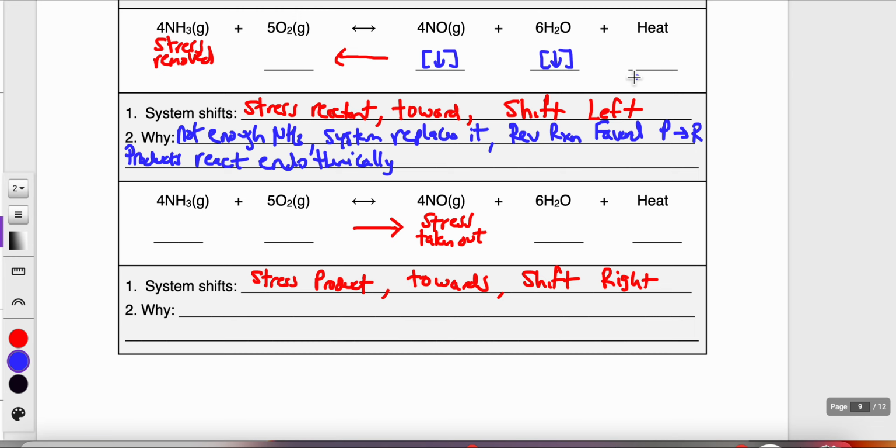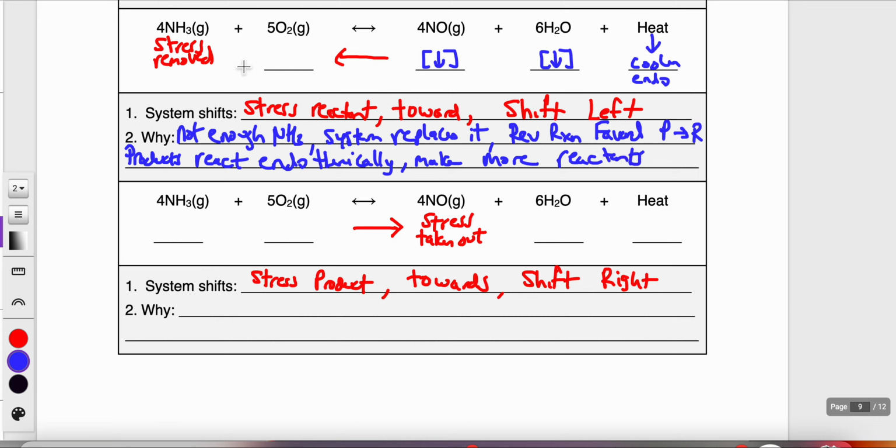So I'm going to write endo here. The system is going to feel cooler because endothermically that heat energy is being pulled into the new bonds and stored. So the amount of heat that's available to the system has decreased. And as the products react endothermically, they make more of the reactants.